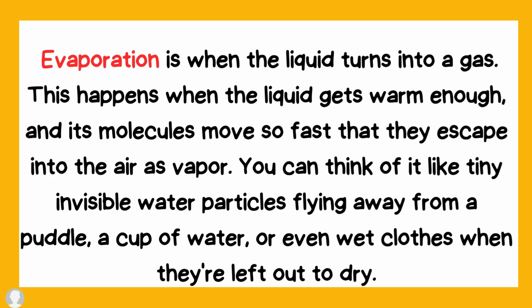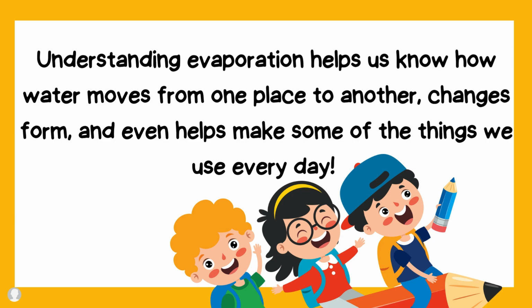You can think of it like tiny invisible water particles flying away from a puddle, a cup of water, or even wet clothes when they are left out to dry. Kids, always remember that understanding evaporation helps us know how water moves from one place to another. It changes form and even helps make some of the things we use every day.